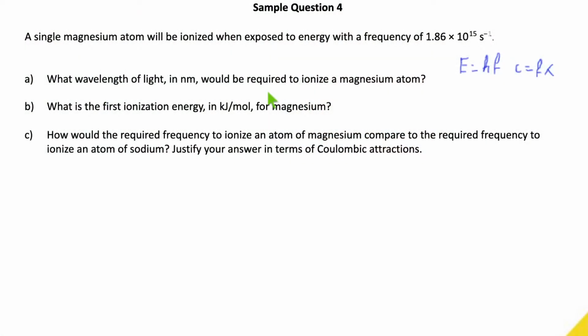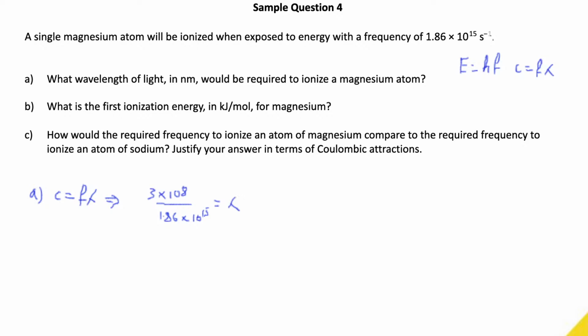So let's take a look at A. It says, what is the wavelength of light that would be required? So for A, what I would do is I know that c equals f lambda. This means that 3 times 10 to the 8 over the frequency, which is 1.86 times 10 to the 15, equals lambda.